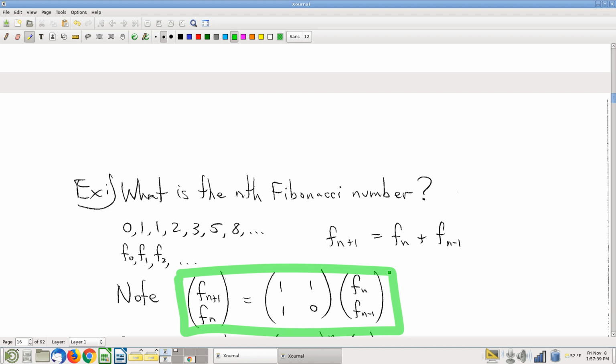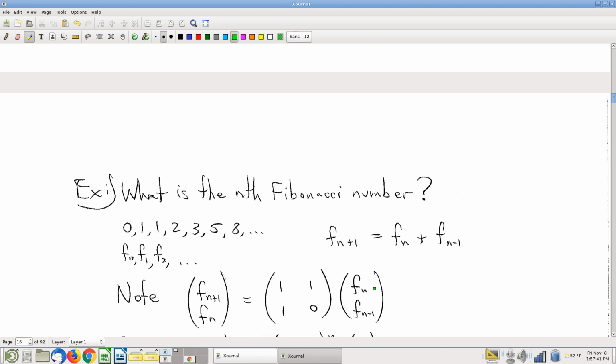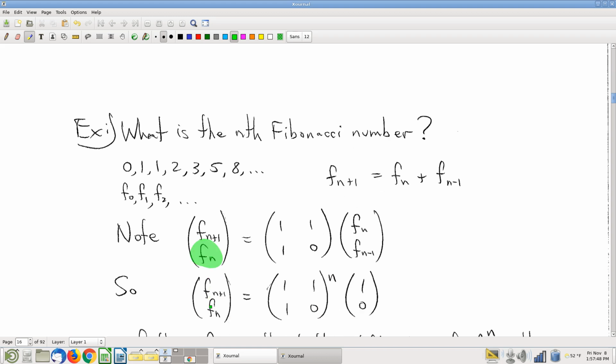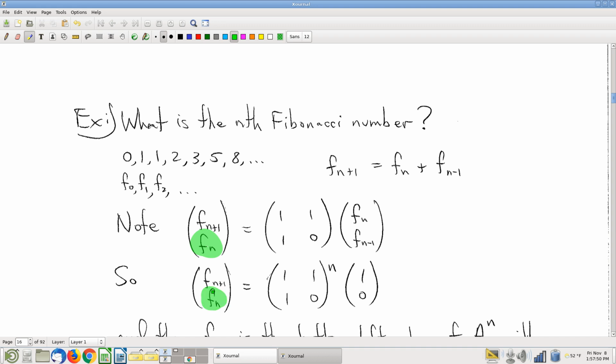Now, what that means is if I want to know the nth Fibonacci number, by the way, here it is. All I have to do is realize that it's what you get when you take the first Fibonacci pair, 0, 1, and apply this recursion relation here.